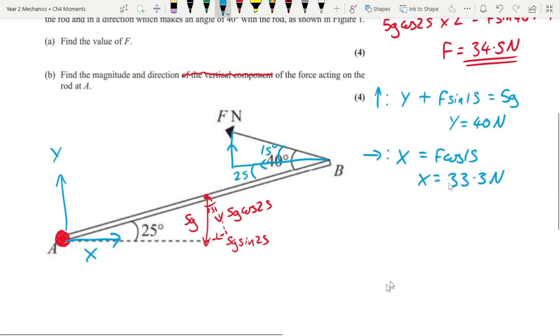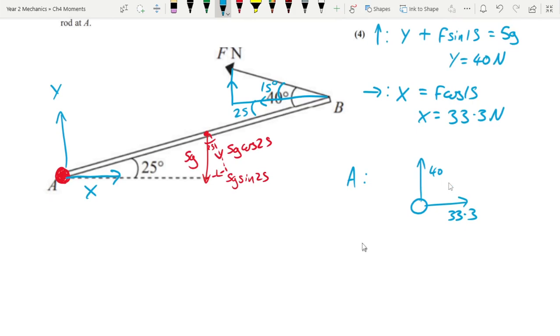So basically at point A, what I've got is this hinge, I've got a vertical force of 40, I've got a horizontal force of 33.3. Okay. You could even write it as a vector if you wanted, and we've done this sort of thing lots of times. So we've got horizontal 33.3, vertical 40, so the magnitude I can work out using Pythagoras.